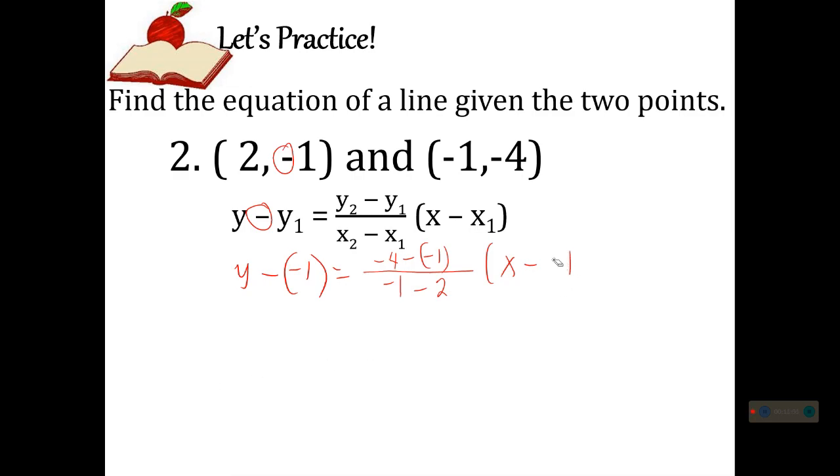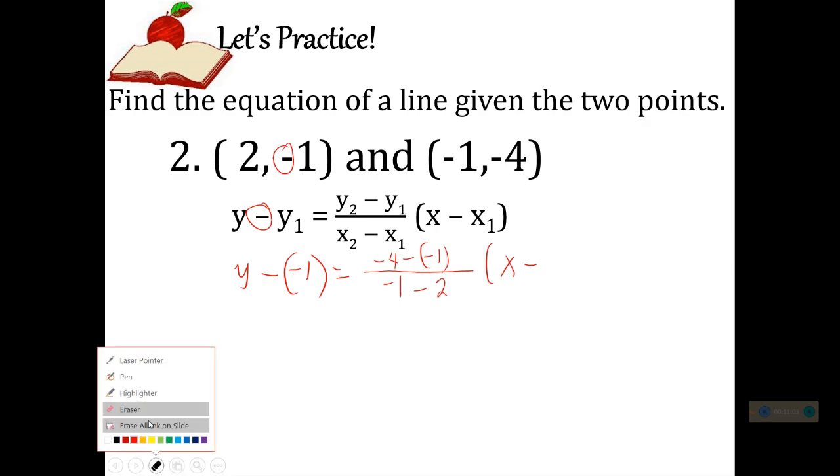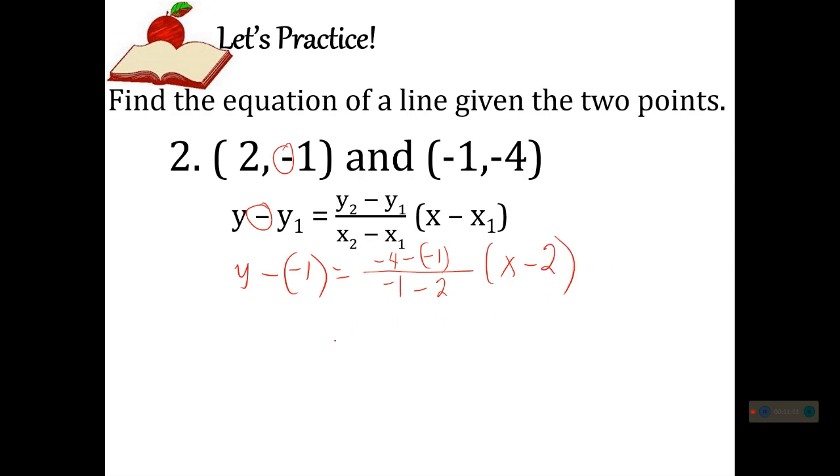Okay, so let's proceed now. So we have here x minus 2. Then we have here to use distributive property. Then we have here y plus 1 is equal to, okay, solve this. So we have -4 using distributive property will be positive 1 over, you can now solve this.